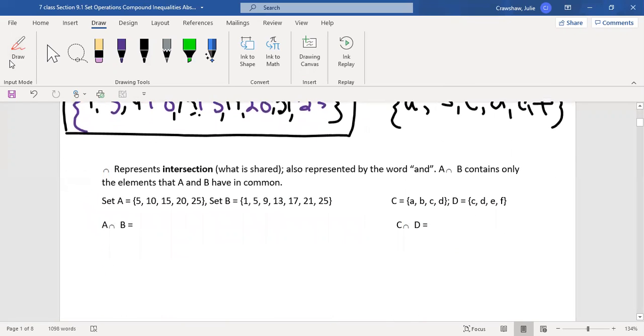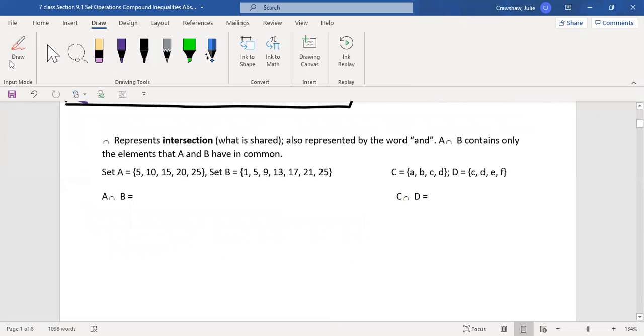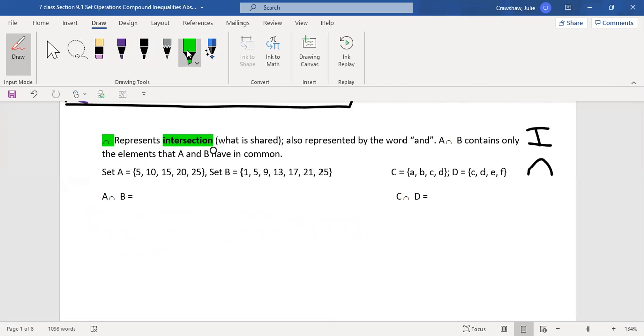Now, another symbol within set operations is the intersection. The symbol is an upside down U. Some textbooks will even use a capital I. But in the textbook that we use, we have the upside down U, which represents intersection, where they overlap.